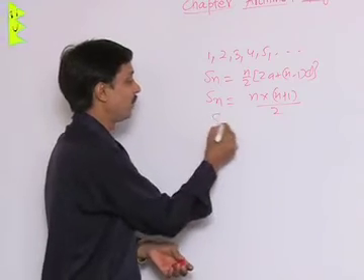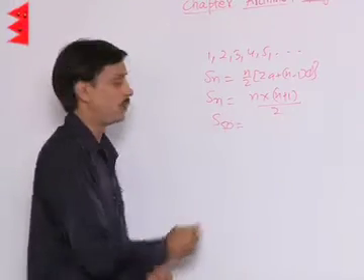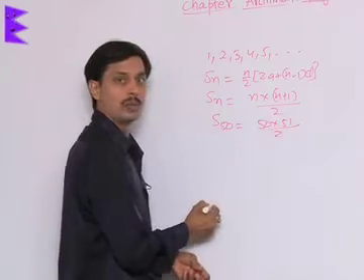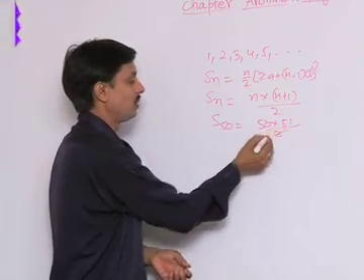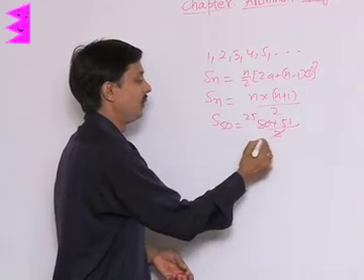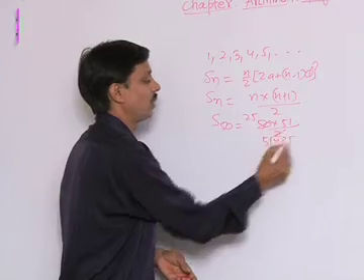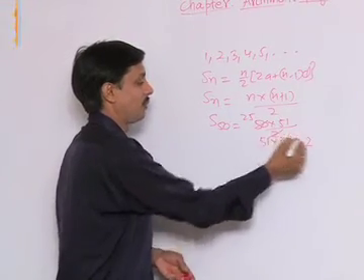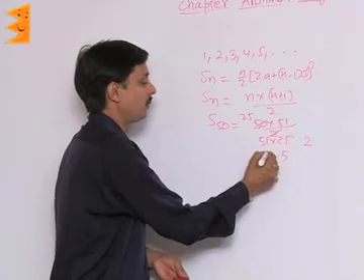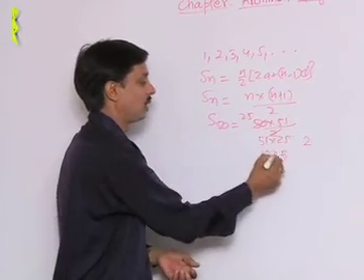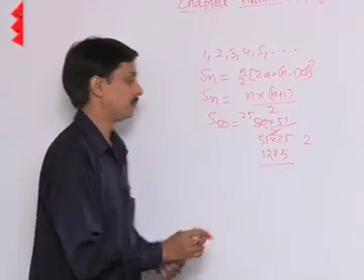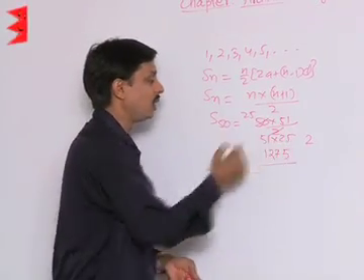For the first 50 natural numbers, it is S50 equal to 50 into 51 upon 2, which is 25 into 51. 25 times 1 is 25, 25 times 5 is 125, 125 plus 2 is 127. So 51 into 25 comes out to be 1275.